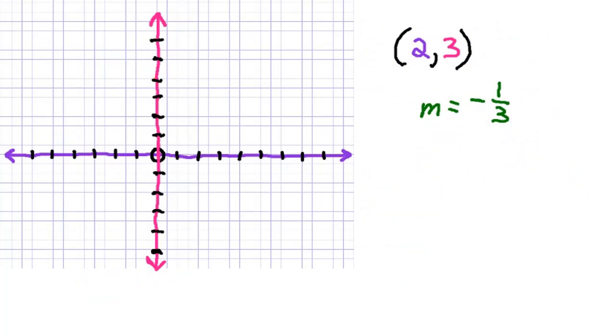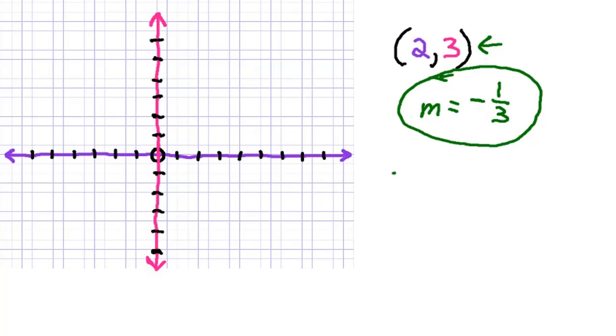Okay, so there's one more thing that I wanted to show you about using the slope. And as you can see here, we have our point. 2 is our x value and 3 is our y value. But look at this. We have a slope of m equals negative 1 over 3. So how are we supposed to do this?